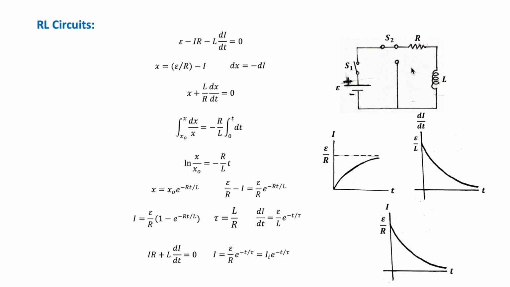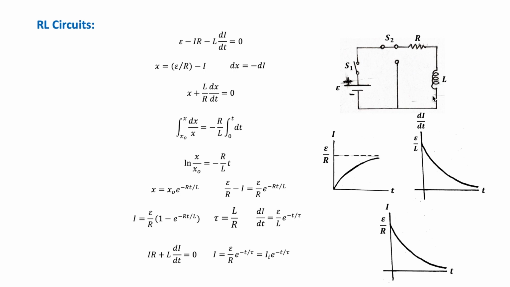And so the rise of the current when the switch is closed is not instantaneous due to the presence of the inductor, okay? And also, if the switch is opened, the current will decrease and the inductor will cause a slow decrease of the current rather than a sudden drop.